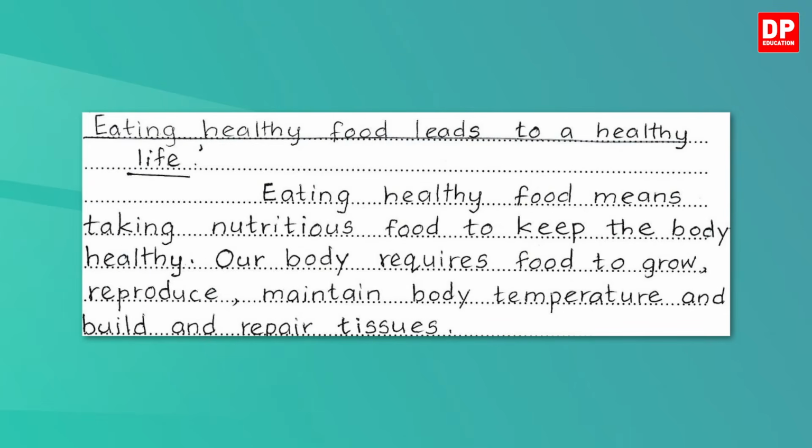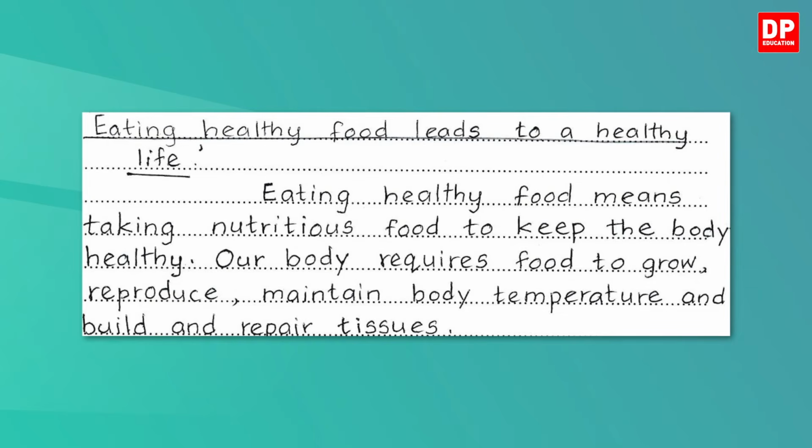Okay, children, now let's check your answer with a sample article. This is the introductory paragraph of the article. Let's read it. Eating healthy food leads to a healthy life. Eating healthy food means taking nutritious food to keep the body healthy.